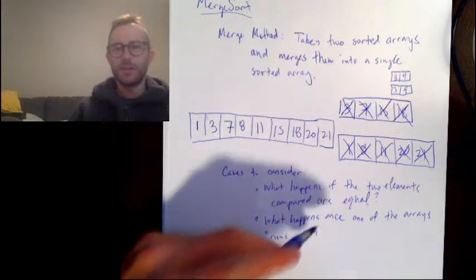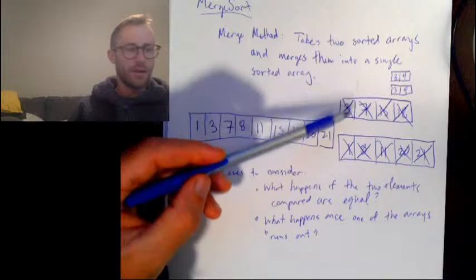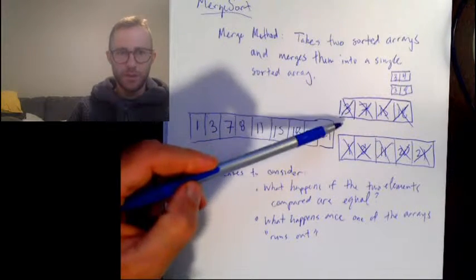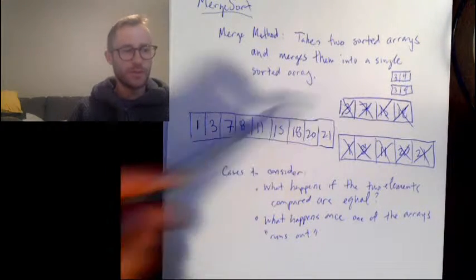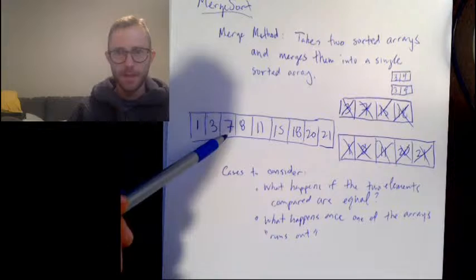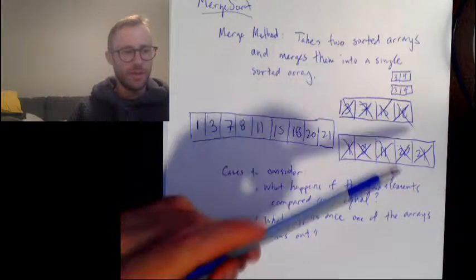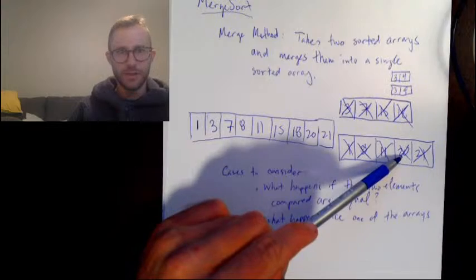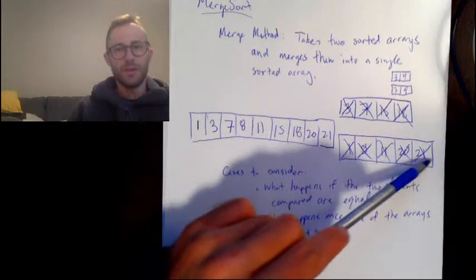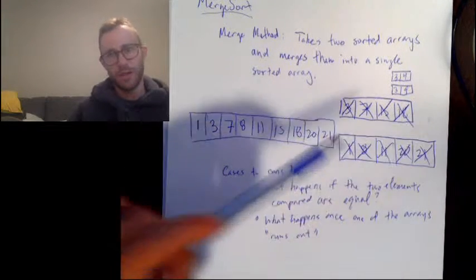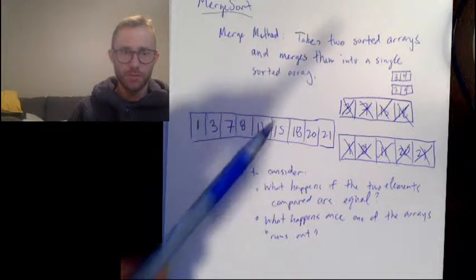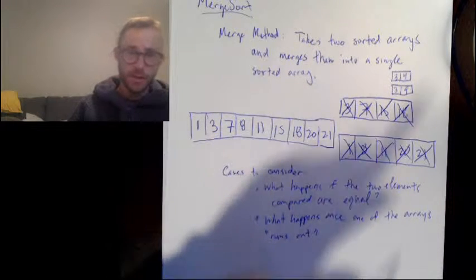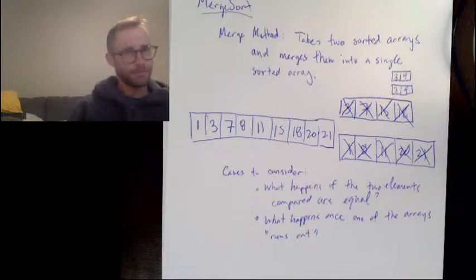As we saw in this example, the top array ran out, we already added all 4 elements to the merged array. After that point, we could just add element by element of the second array. So you got to think about what happens if one of them runs out. Okay? So that's the merge method.